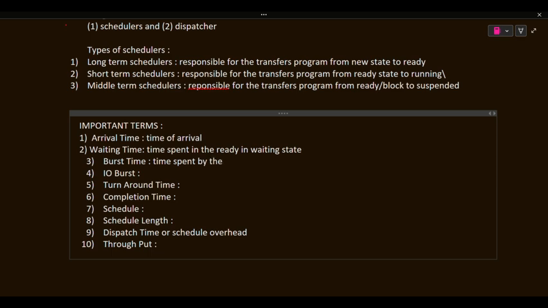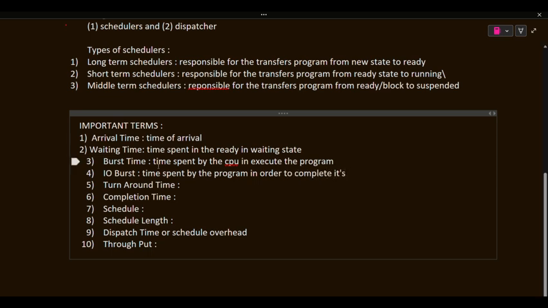I/O burst time is the time spent by the program in order to complete its input and output operations.